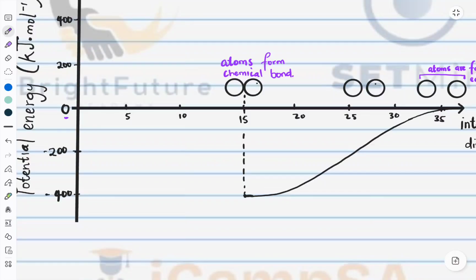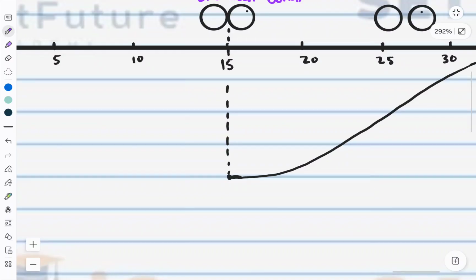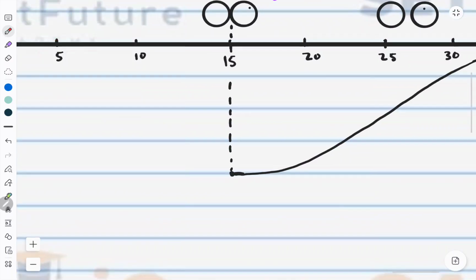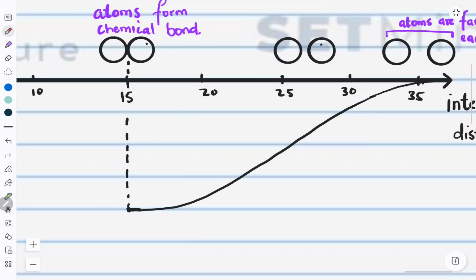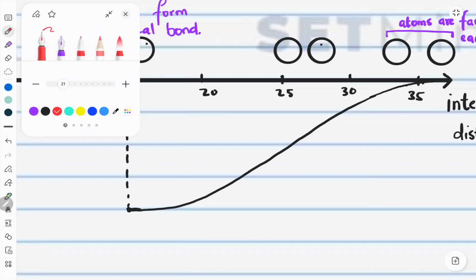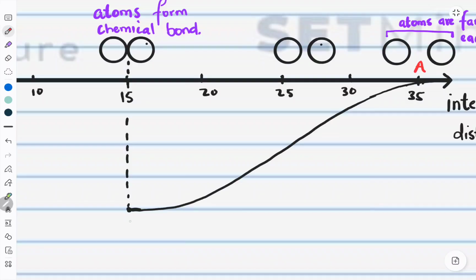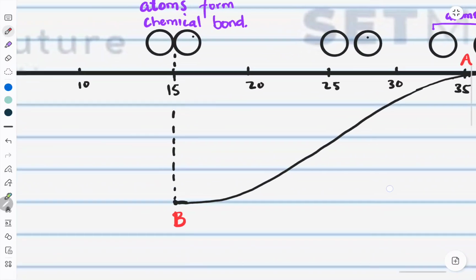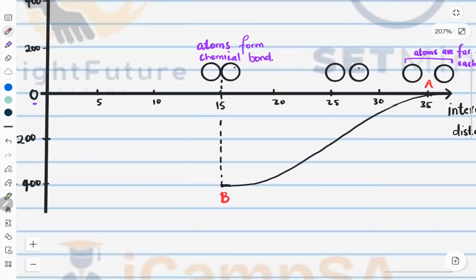All right, so what it also means is that at that point, the force of attraction and the force of repulsion are at equilibrium. So let's label our graph: state A, then this is perhaps state B. At point B, we said the force of attraction is equal to the force of repulsion.